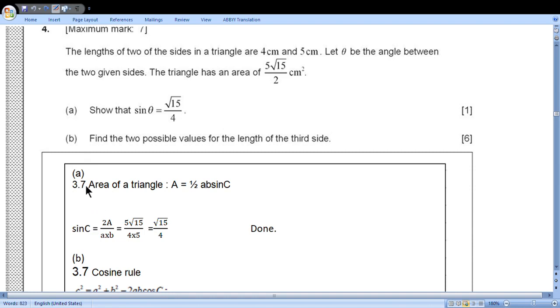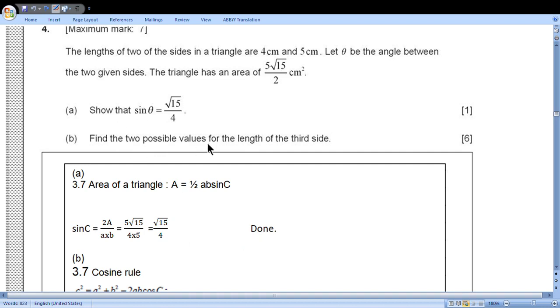Section 3.7 gives us the area of a triangle in the form half ab sine C. So sine C will be 2A over a times b, and we substitute the area. 2 and 2 simplify, we get square root of 15 over 4, so shown, done.